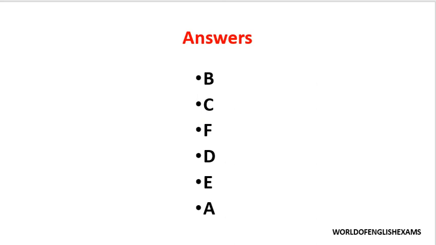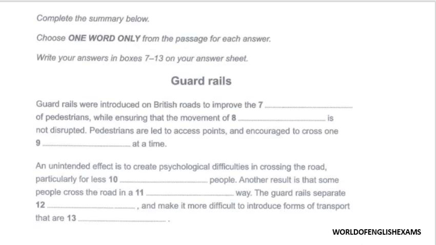So now let's go to the next set of questions in this reading passage that belong to summary completion. The only instruction that you need to pay attention to is the word count. Choose one word only. That means all the answers have to be in a single word. You can't write the answer in the form of 2 words or 3 words as a matter of fact.